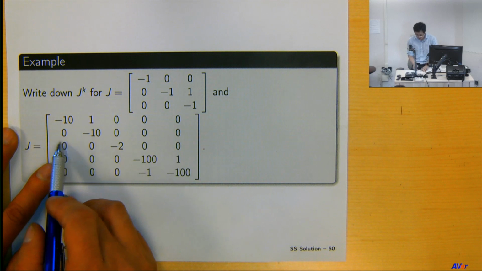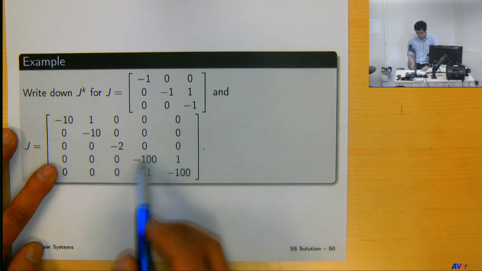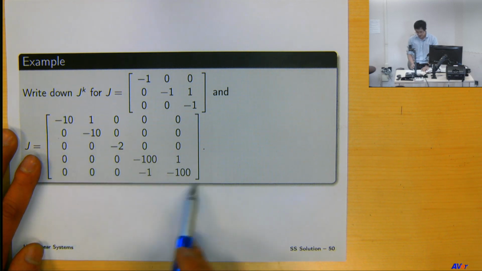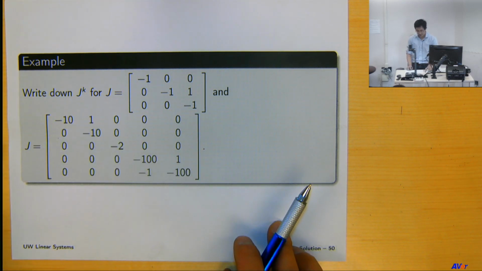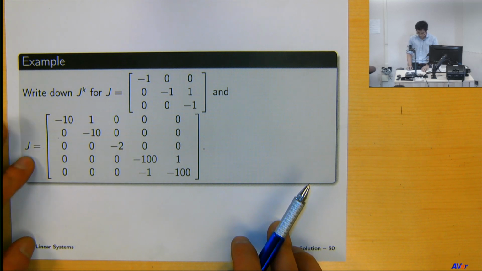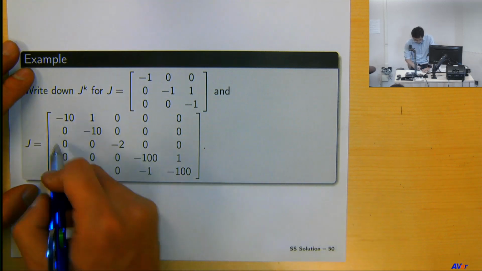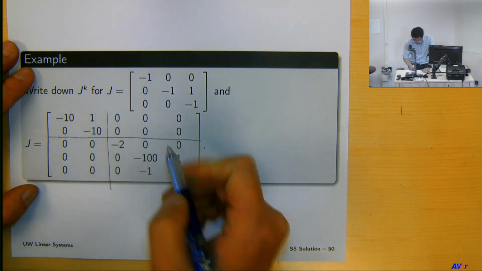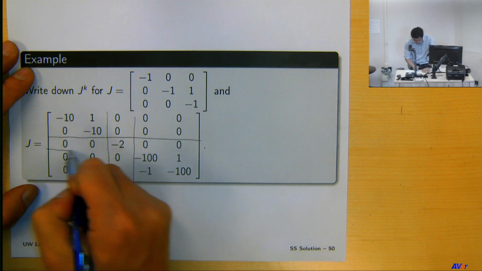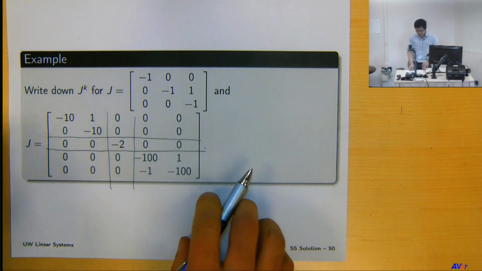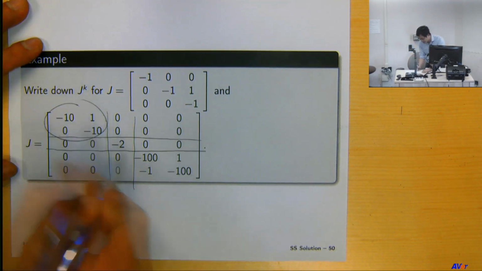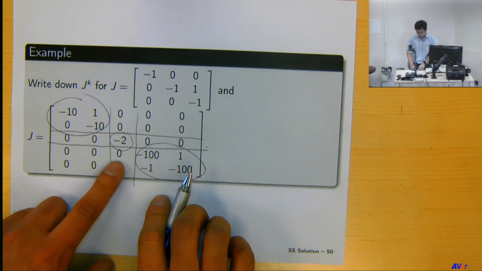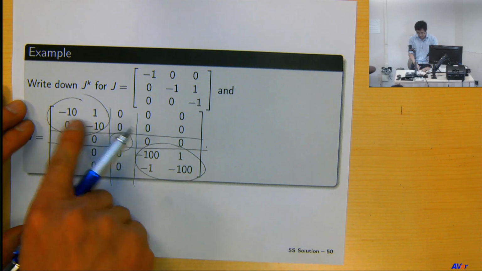And then the second example is this, a lot of zeros, some kind of block diagonal matrix. You already know how to do the previous one. This one is very similar. You treat this as a diagonal of these three submatrices and then compute the power of these submatrices individually.